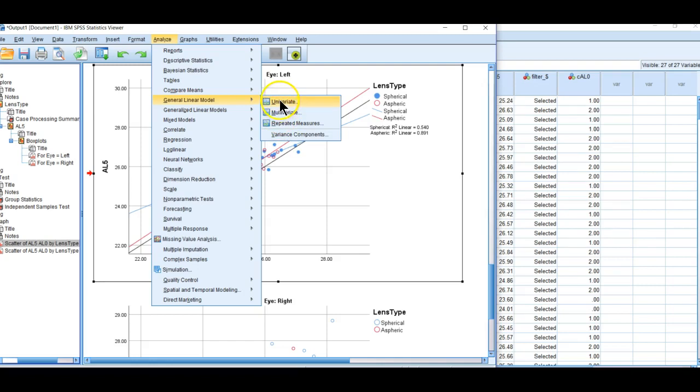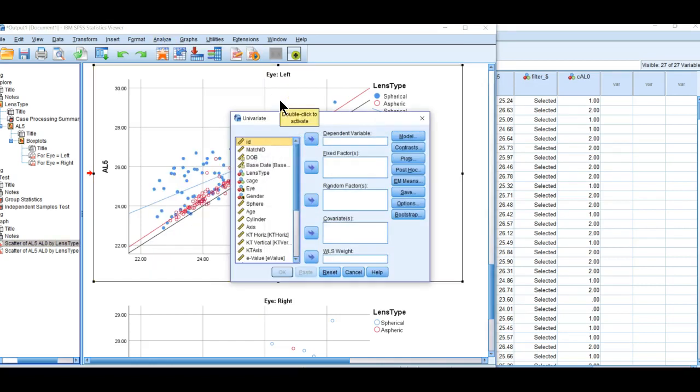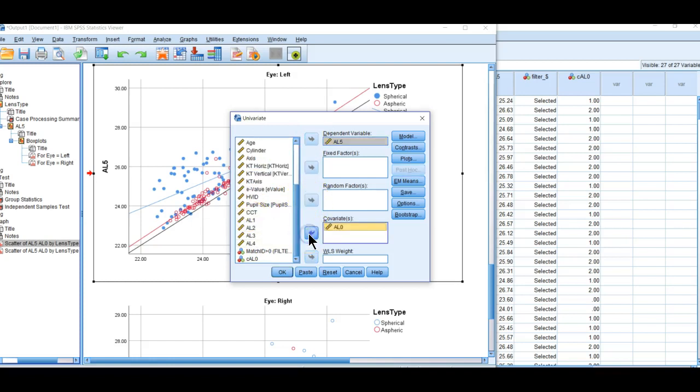We're splitting the file and doing it separately. So we're going to do univariate. And here we go to axial length 5, at 5 years, is the follow-up, and the covariate is the baseline, axial length 0. And our test is lens type.